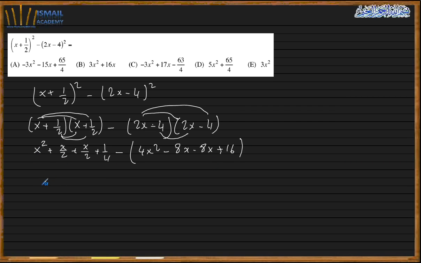Now I combine like terms here. I got x squared, x half plus x half is just x, which is 2x over 2, then you simplify the 2. And here I distribute the minus. This is minus 16, so it's going to be minus 4x squared plus 16x minus 16.